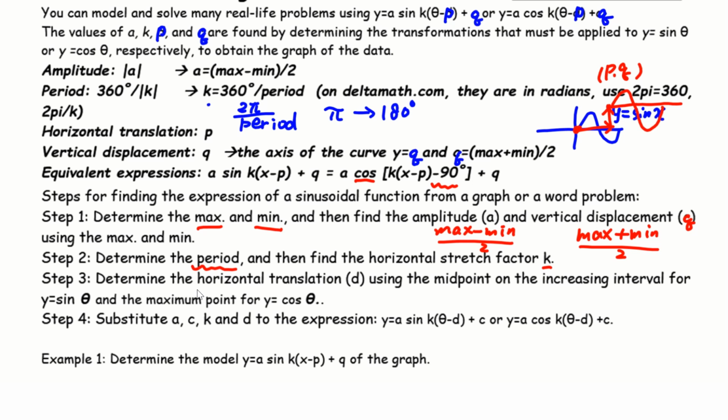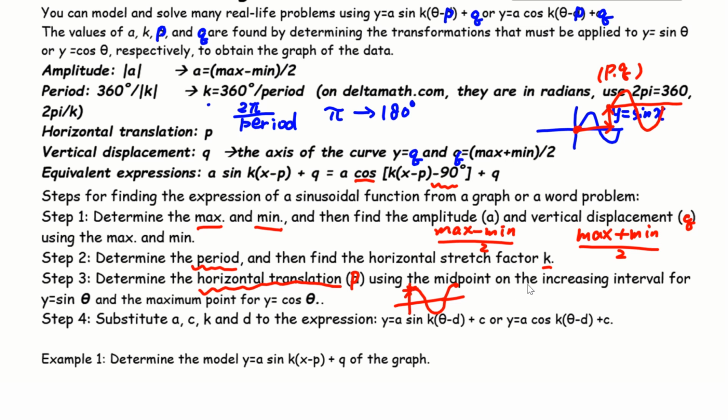The difficult part is the horizontal translation, the p value. For sine, we know it's a starting point, so we find the midpoint on the increasing interval for y equals sine. And for cosine, the cosine starts from the maximum, so you find the starting point on the maximum of the graph.